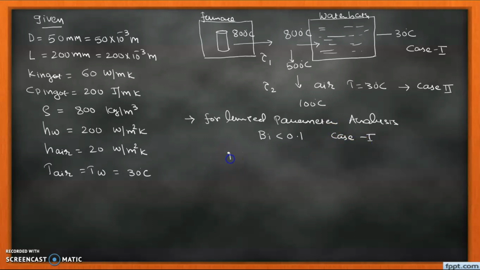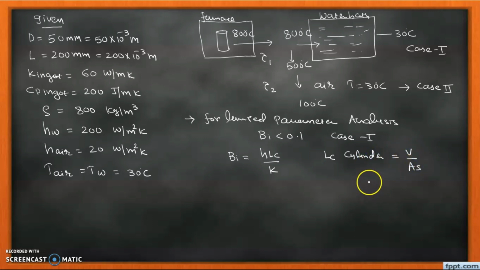We calculate the Biot number using the formula h Lc by k. Here Lc is the characteristic length, and the geometry given is a cylinder. We know that it equals the volume upon the surface area.